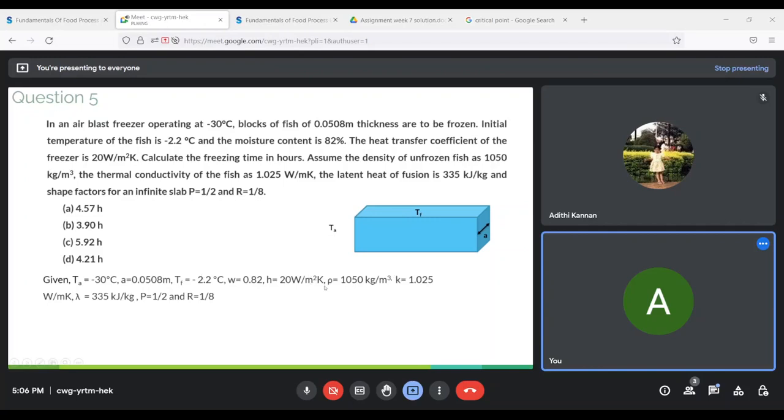So why do we have two different heat transfer coefficients? One is convective and one is conductive, because the outside of your slab surface is exposed to air. That is cold air. So heat removal from the surface will happen via convection. Whatever heat goes from the surface of the slab to the surrounding air will be convection. But you need to freeze the sample till the middle of the fish slab.